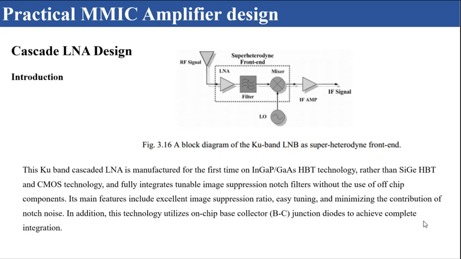And this section demonstrates the feasibility of integrating image suppression filters into cascade low noise amplifiers for cool-band low noise block-down converters in direct satellite broadcasting systems, as shown in Figure 3.16.